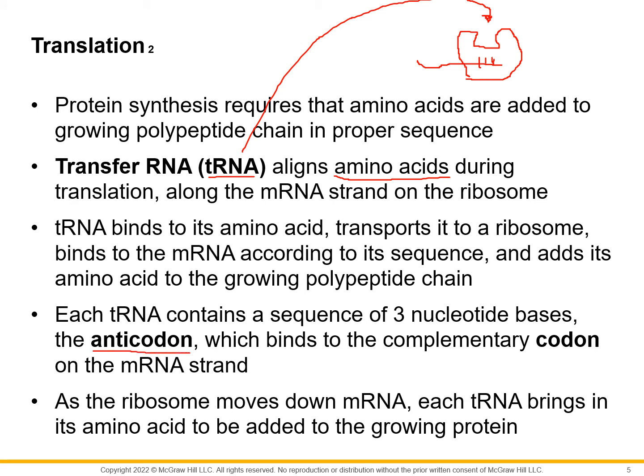Now the transfer RNA will then leave and get the amino acid that corresponds to that anticodon. Imagine that I've got this box of Legos, and inside this box I've got 20 different colors of Legos. We're going to see in just a minute, there are 20 different amino acids that build up proteins.